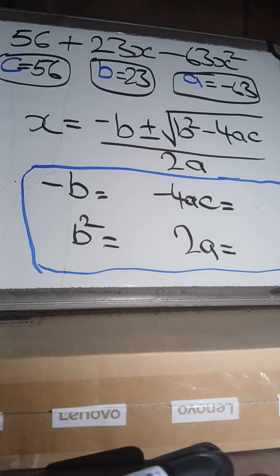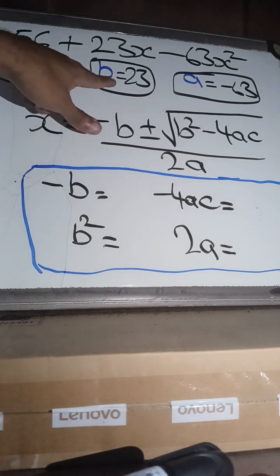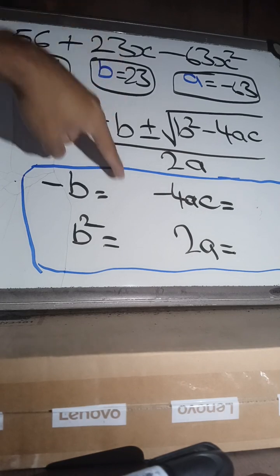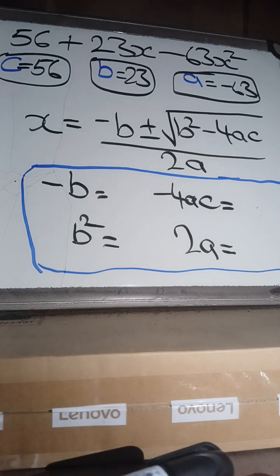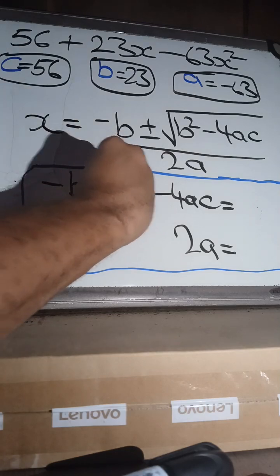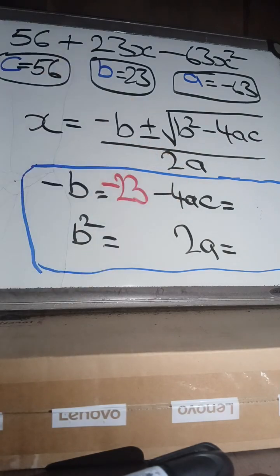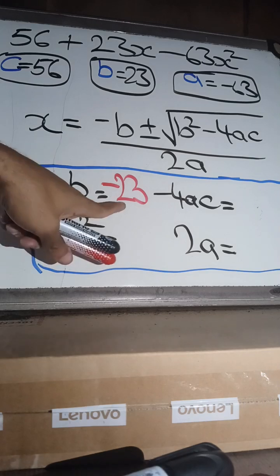Alright, so what was our B again? Our B is 23. So minus 1 times B is minus B. Minus 1 times this, we'll have minus 23. Obviously, no. We're going to have a square of 23.